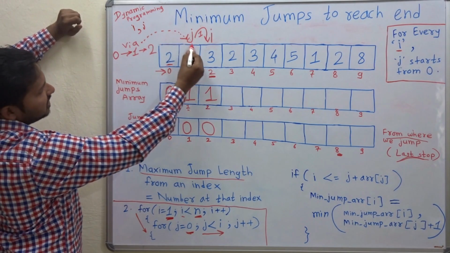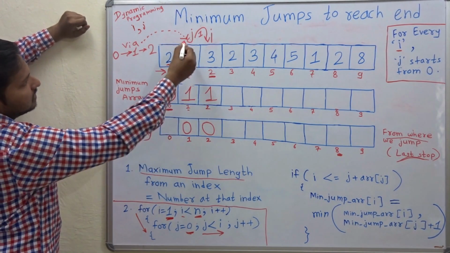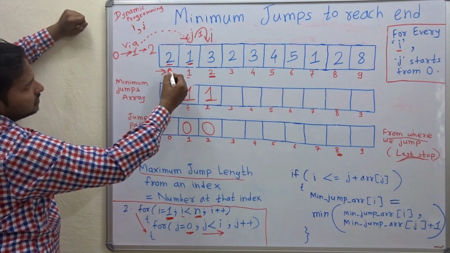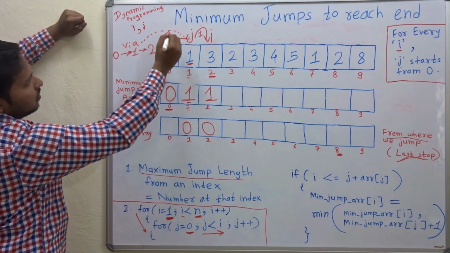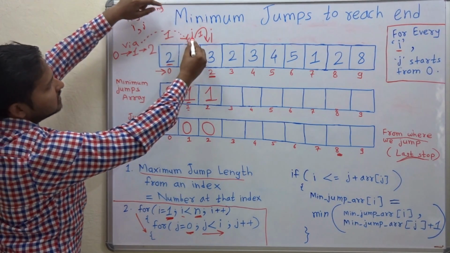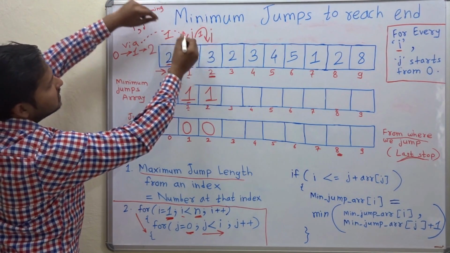From 0 to j, the first index, one jump is needed. This one jump plus from j to I, so 1 plus 1.